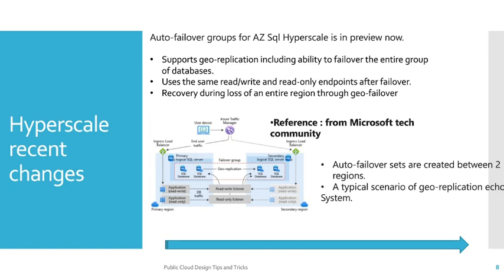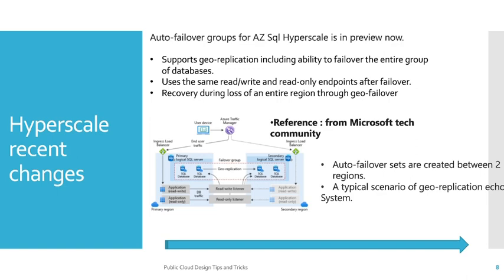As you can see in this diagram, there are two servers, a primary SQL server and a secondary SQL server. In the primary SQL server, you have two SQL databases, and in the secondary SQL server, you have two SQL databases.